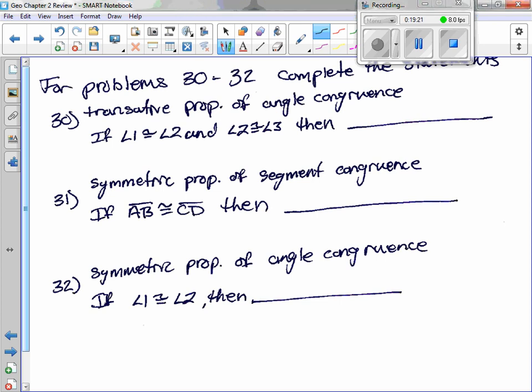Now these here are the same as what we did already with equality, but they're just congruency. So the main difference is that we're going to have a congruent sign. So like the first one's going to be angle 1 is congruent to angle 3.